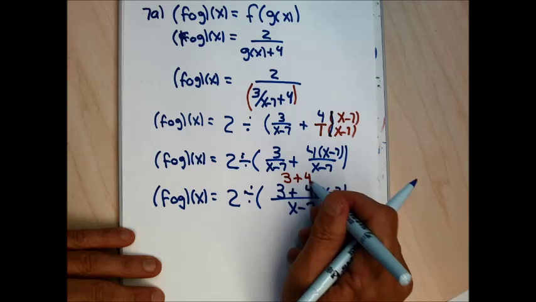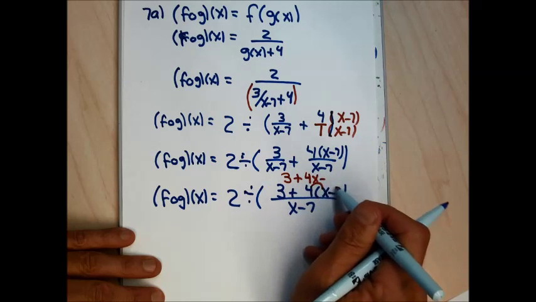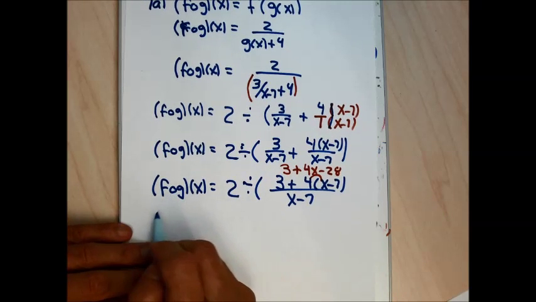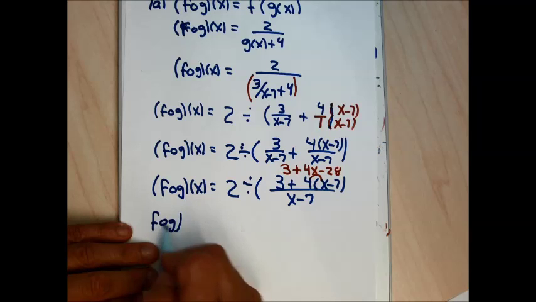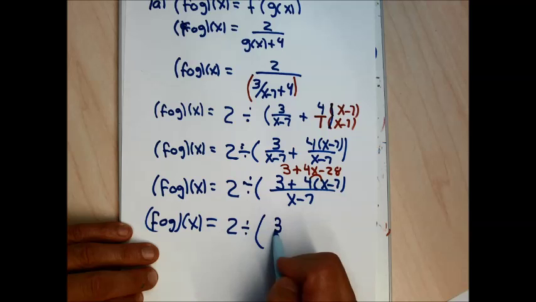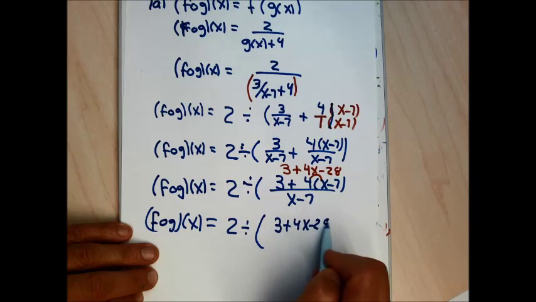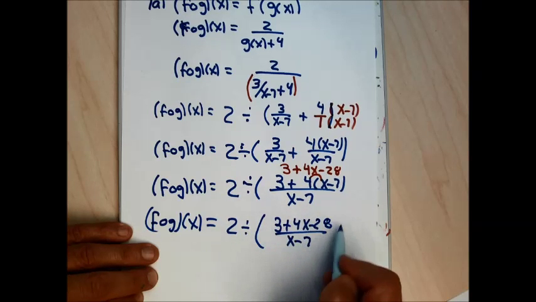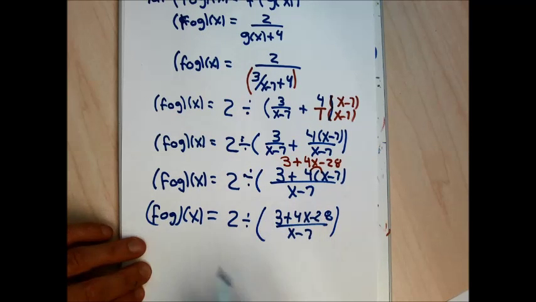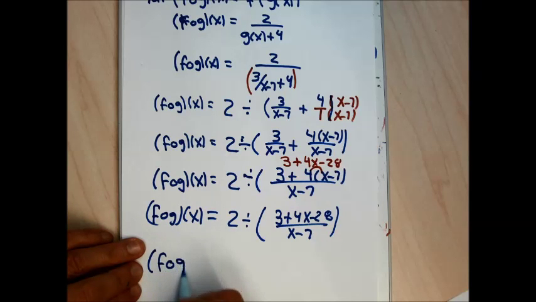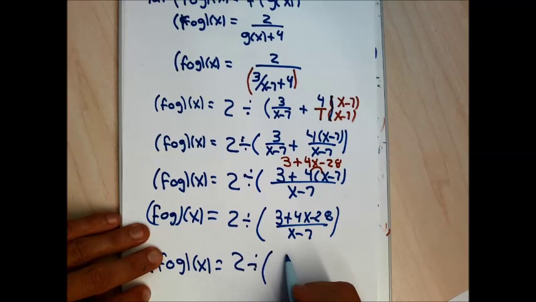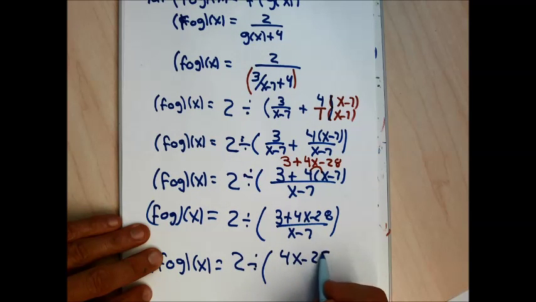I'm going to clear the parentheses by going 4 times x and 4 times minus 7. That numerator is going to come out to 3 plus 4x minus 28. So I'm going to get f composed with g of x equals 2 divided by 3 plus 4x minus 28 over x minus 7. I'm going to combine the like terms. 3 minus 28 is negative 25. This is going to give me f composed with g of x equals 2 divided by, parentheses, 4x minus 25 over x minus 7.